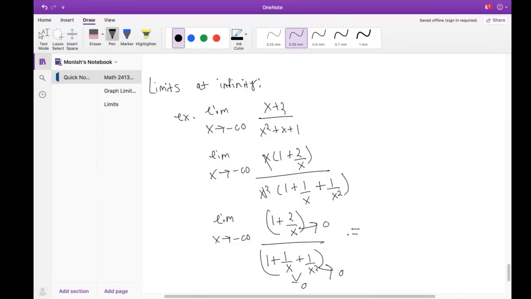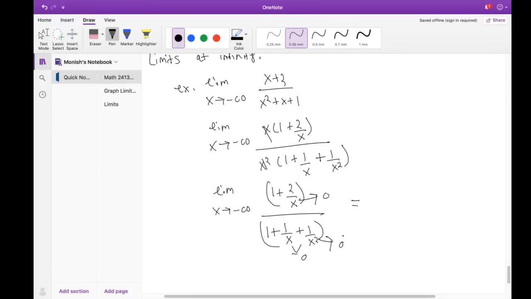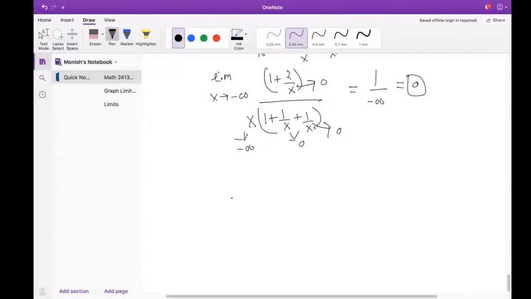So then you're just left with, oh, and you still have the x over here too. And this is just going to go to negative infinity. So you're left with 1 over negative infinity, and this would just give you 0 as your final limit.